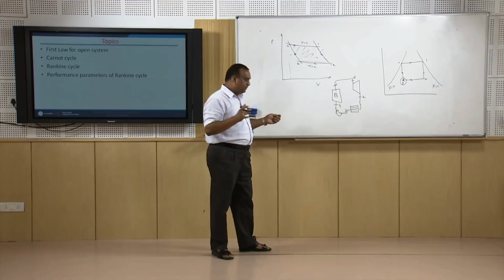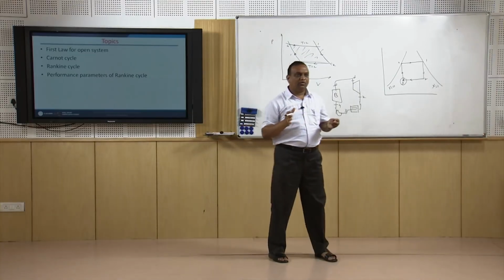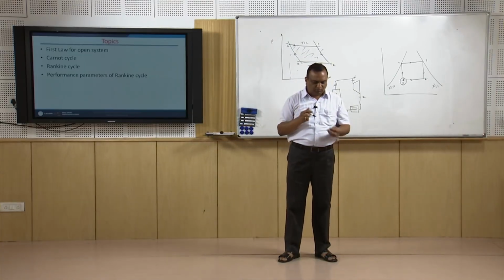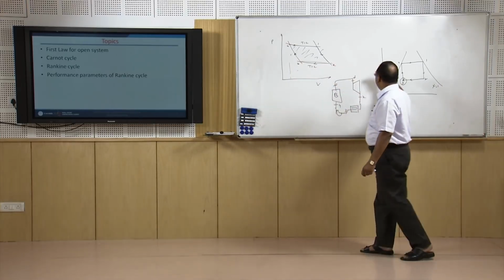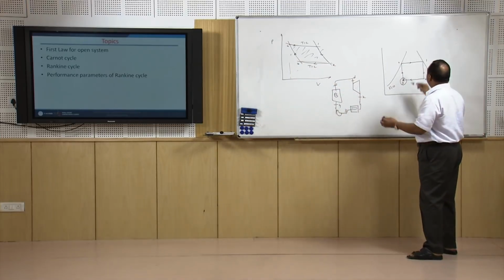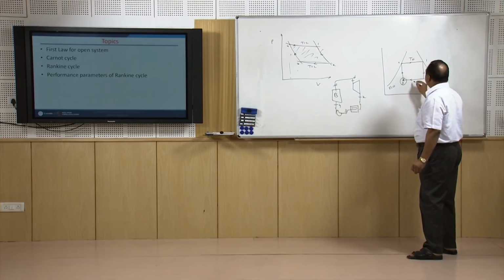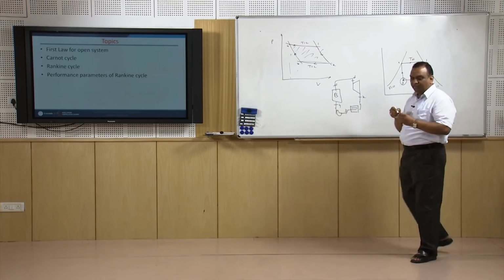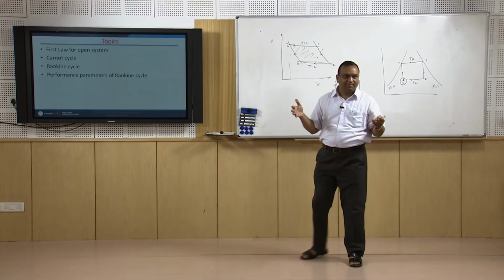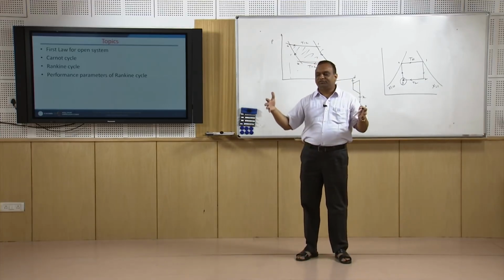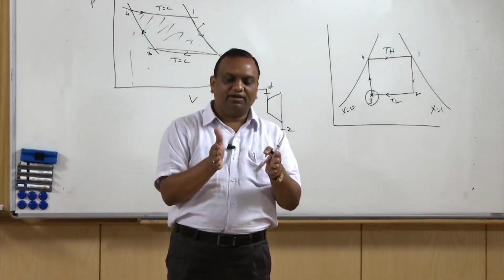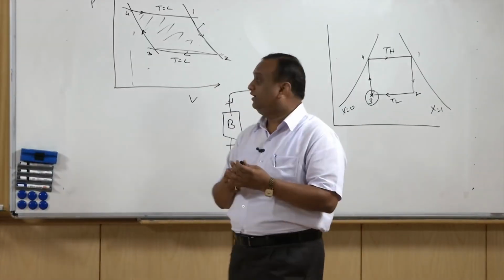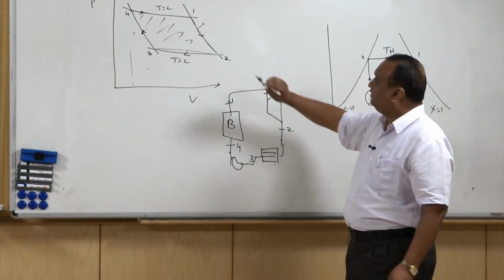So if I am able to develop a Carnot engine, it may be a very efficient engine, because no engine can have more efficiency than an engine working on the Carnot cycle between two temperatures TH and TL. But in that case, the engine will be highly efficient and bulky. So an engine working on a Carnot cycle may be of this size. If I take a gas engine working on a diesel cycle, it may be of this size. So not only efficiency, the size of the engine is also important.